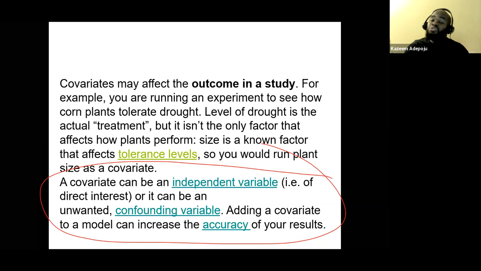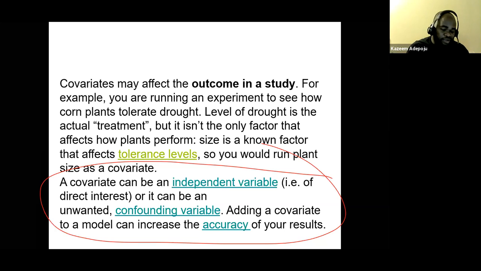Therefore you need to add that covariate to your model to improve it, because that will increase the accuracy of your results. So in this situation, analysis of covariance is preferable to analysis of variance.